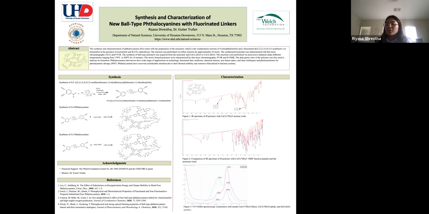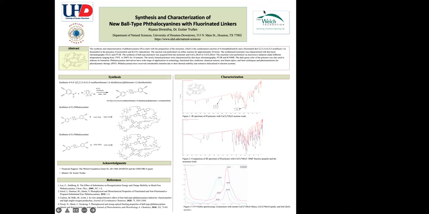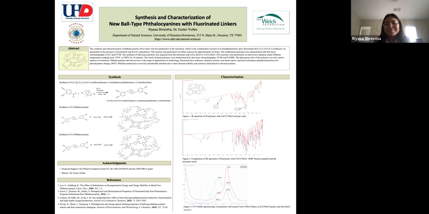For some reason, the more we purified it, the more it turned bluish greenish from a very dark green color. So we still need to figure out why it turned bluish greenish, but that was very interesting to see.